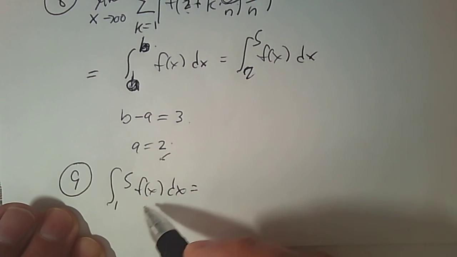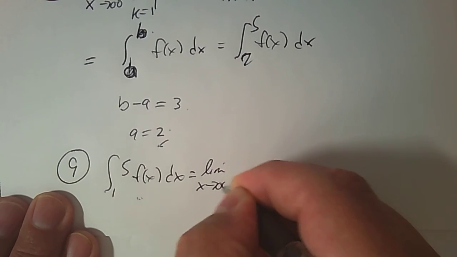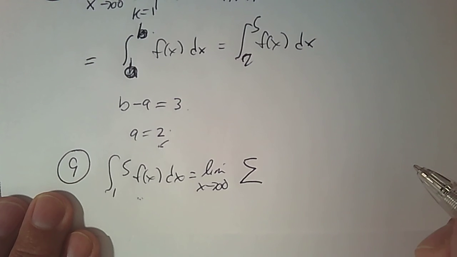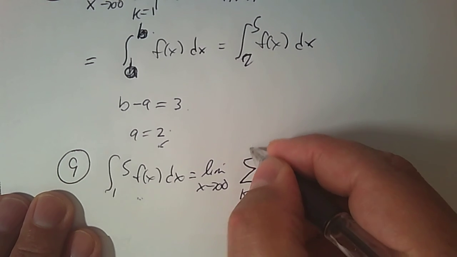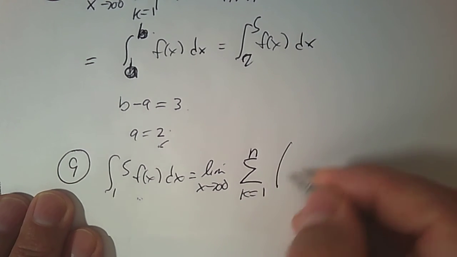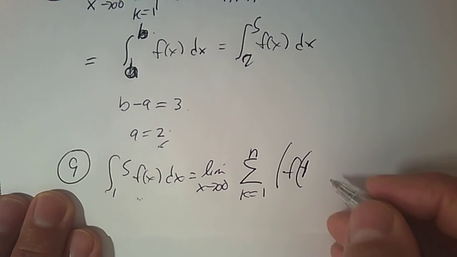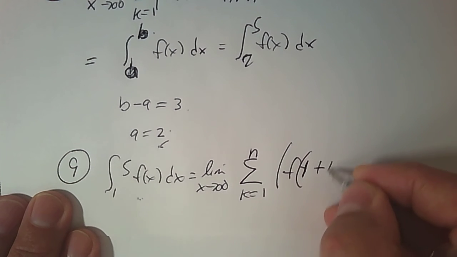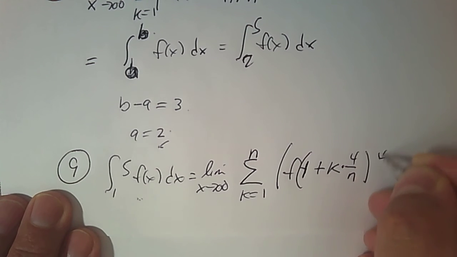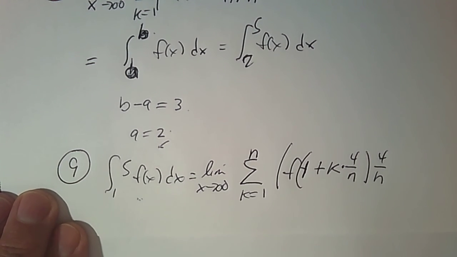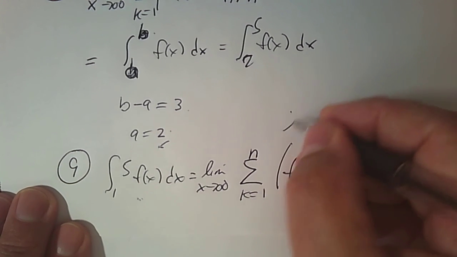So if I have this integration, that could be written as the limit as n approaches infinity of an infinite sum, where you'd always start at k equals 1 to n, and you're just kind of following a formula here. f of 1 plus k times 4 over n, and then 4 over n, where that 1 is your lower bound.